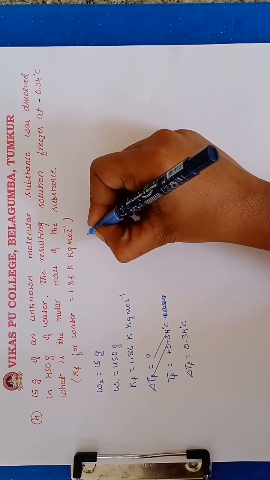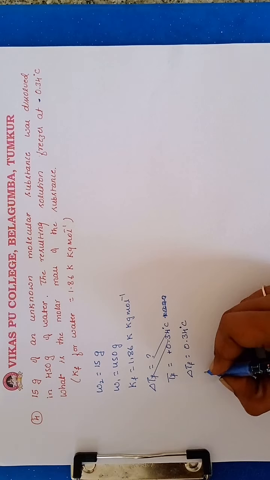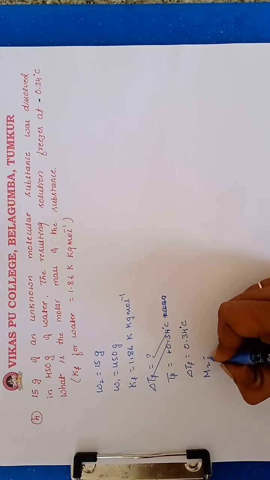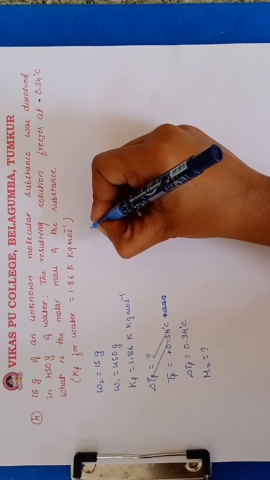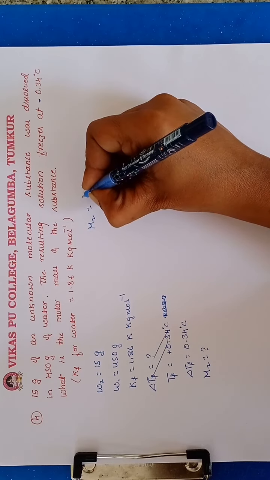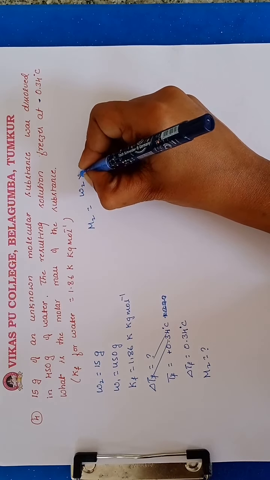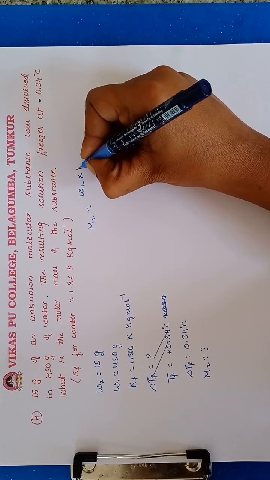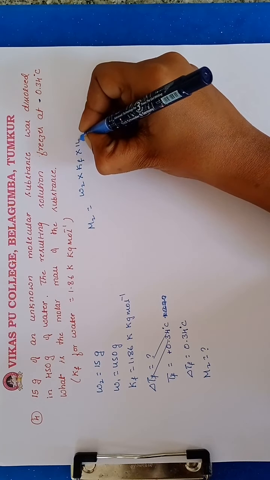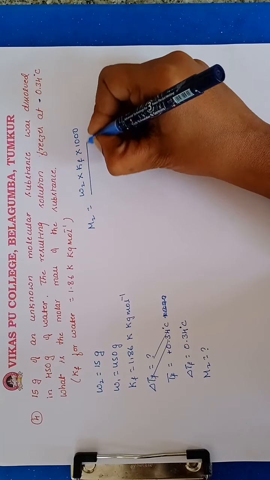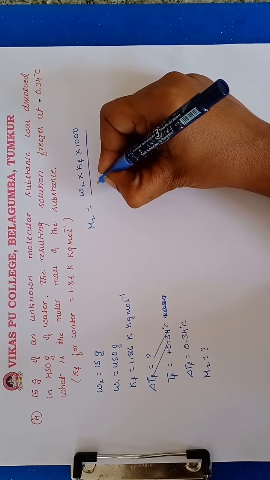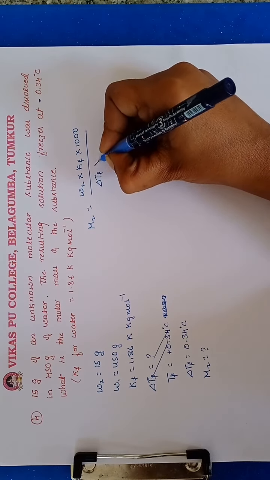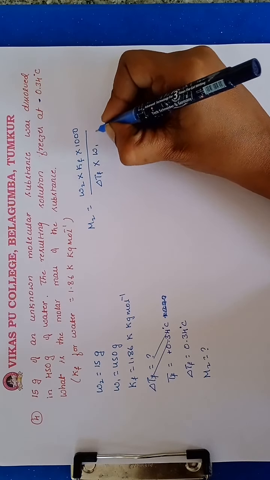In this we use the formula. We need to calculate M2. Then M2 is equal to W2 into Kf into 1000 divided by delta Tf into W1.